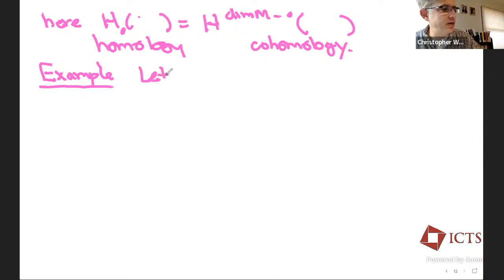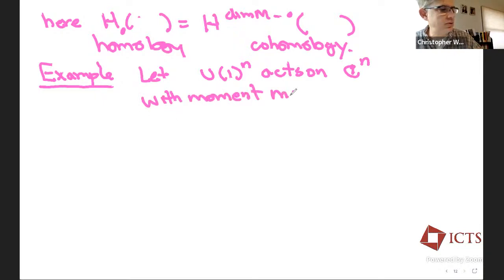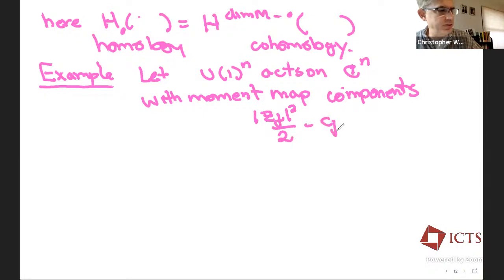Suppose I have the same action. The moment map is given by zj squared divided by 2 minus some constant cj.